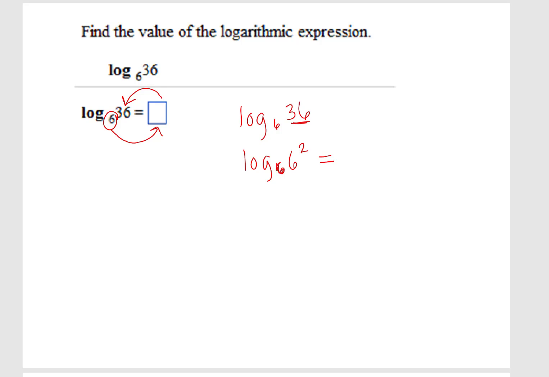Sorry, it looks like a b, and I don't want to confuse you from the last slide. So because these bases are the same, then my answer will be 2. Now, again, if you can look at this and say, oh, log base 6 of 36, well, that's going to be 2, I know that's 6 squared, that's fine, but you'll want to know how to use this property for values that you don't know.